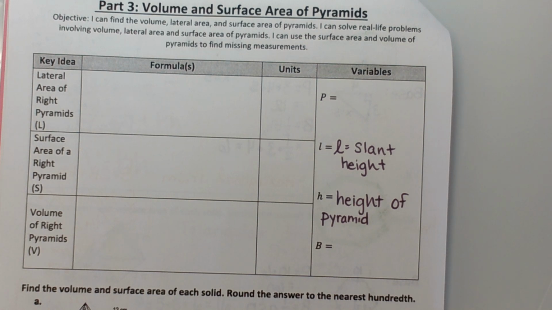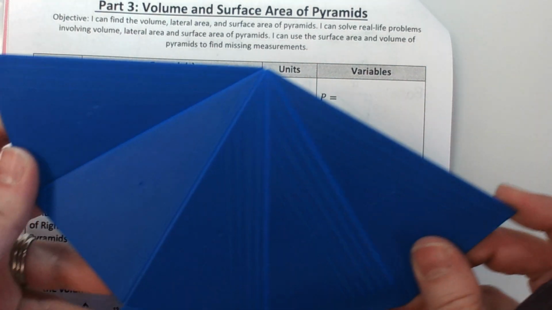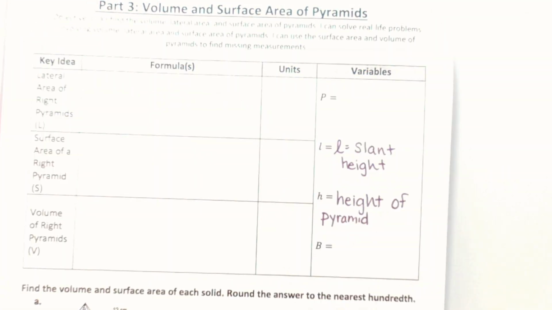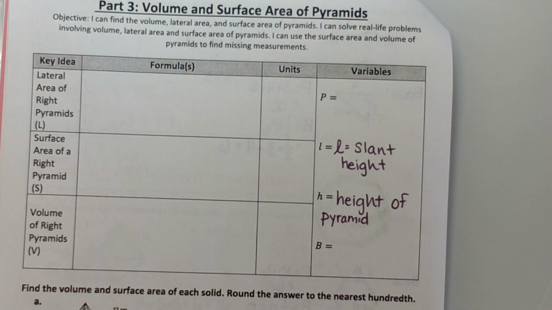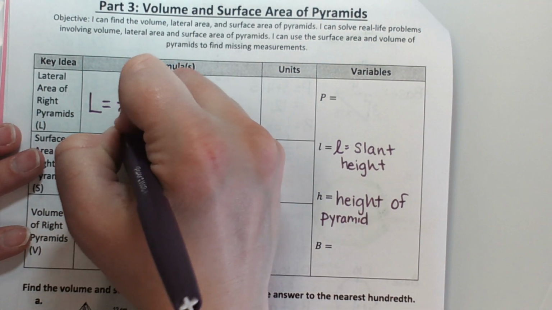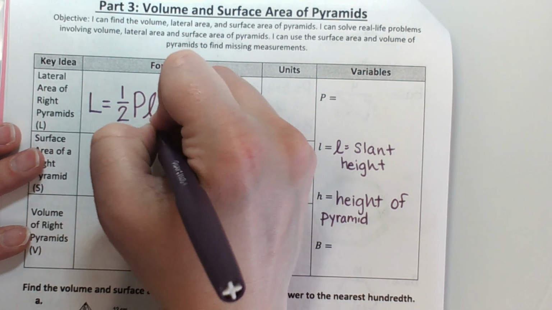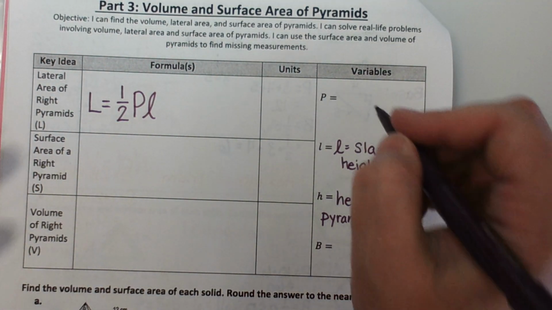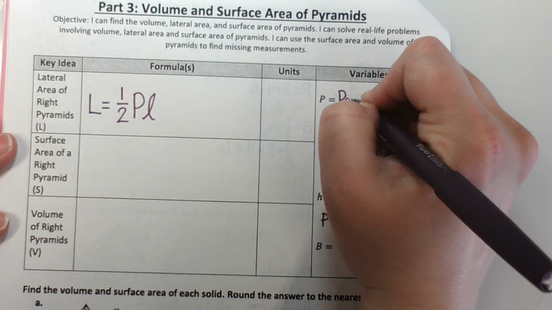And then there's that slant height that goes down the side. And to find the area of all of these triangles, we would need to use that slant height as the triangle height. Which means if I want just the lateral area, it would be 1/2 capital P fancy lowercase l, where P, again, is that perimeter of the base.